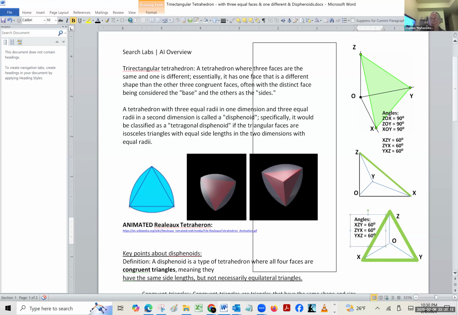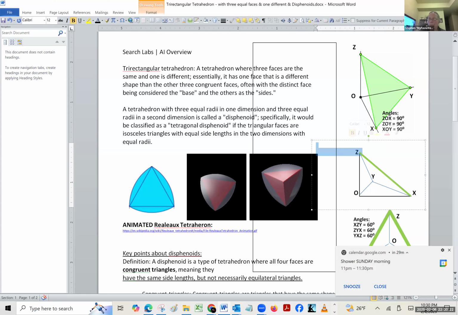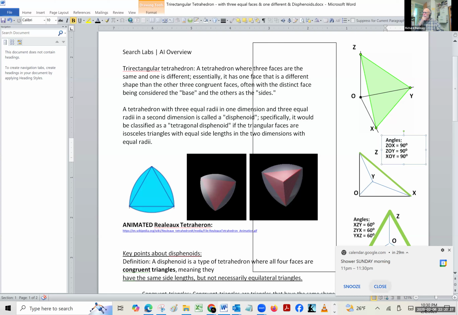And then I can take these out of here. And then I can put this down here to kind of explain those two triangles. And then this guy down here explains that triangle.